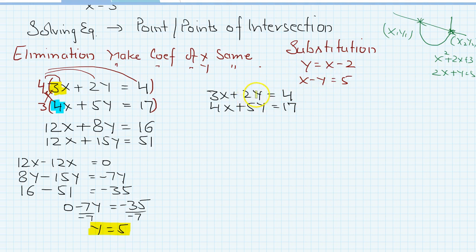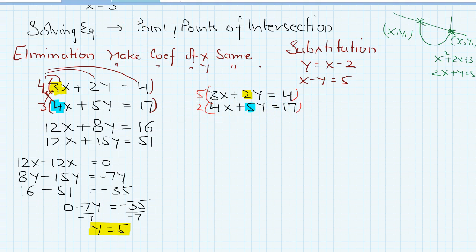Now the coefficient of y is 2 here, and the coefficient of y is 5 in the second equation. What I'm going to do is multiply the first equation by 5 and multiply the second equation by 2.